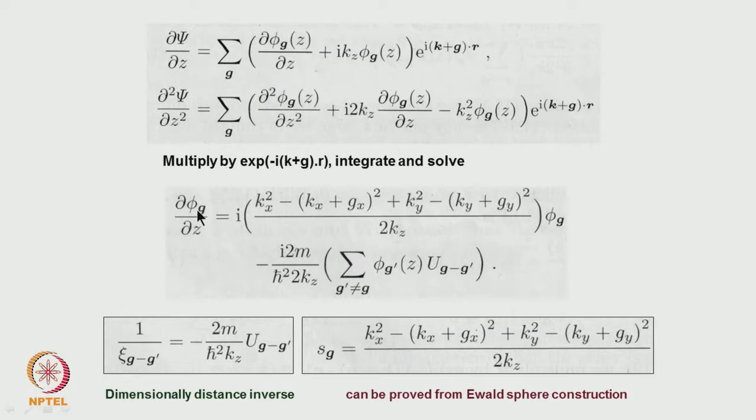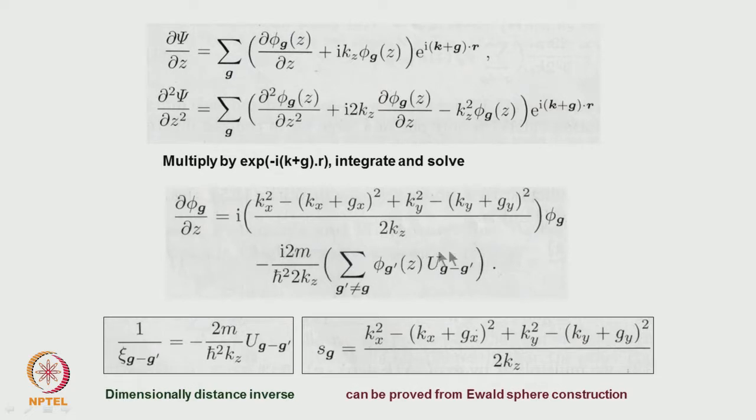When it is done, we get an expression like d phi g by dz into i into some terms. This is kx, gx, ky, gy, kz. This phi g is the amplitude of the scattered wave, plus one more term which comes, i 2m by h bar squared 2 kz. I am not going into it, you can do all this algebra. Then this will turn out to be phi g dash into ug.